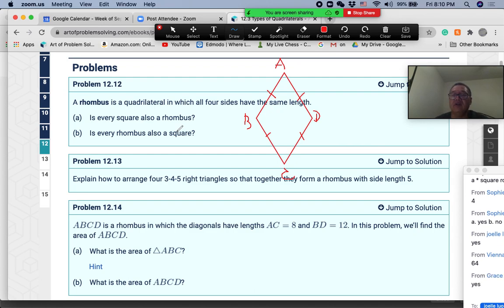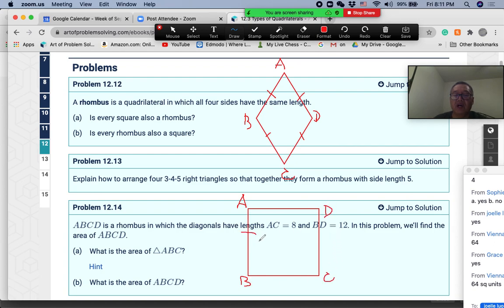Yes, because suppose I draw this square here. A square has four sides equal, right? So a square is a rhombus.